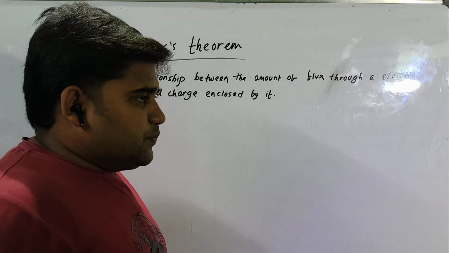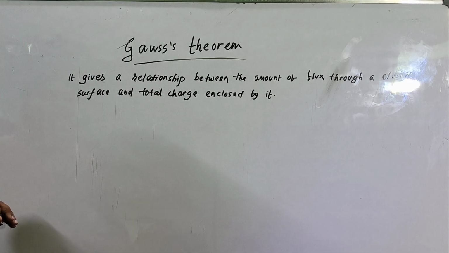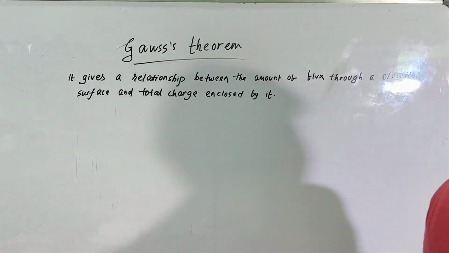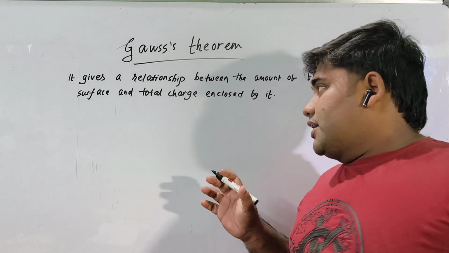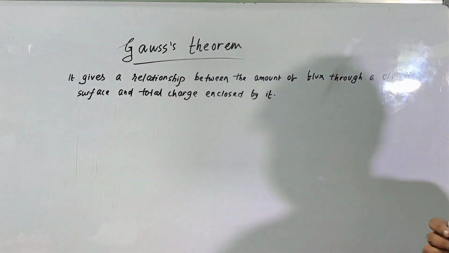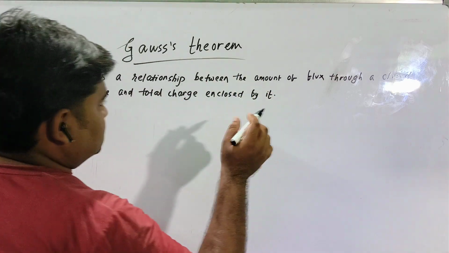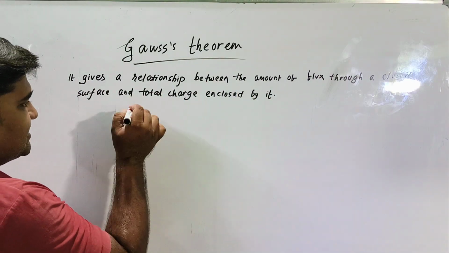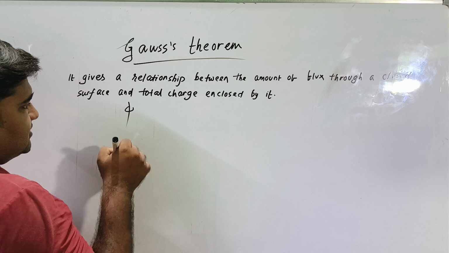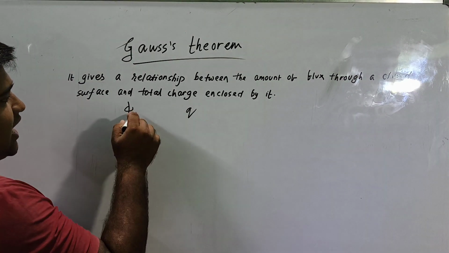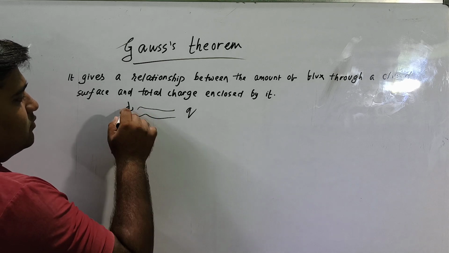So what does it speak? It gives a relationship between the amount of flux through a closed surface and the total charge enclosed by it. So according to this statement, we can sense that electric flux phi and the charge enclosed by that surface are somehow related.